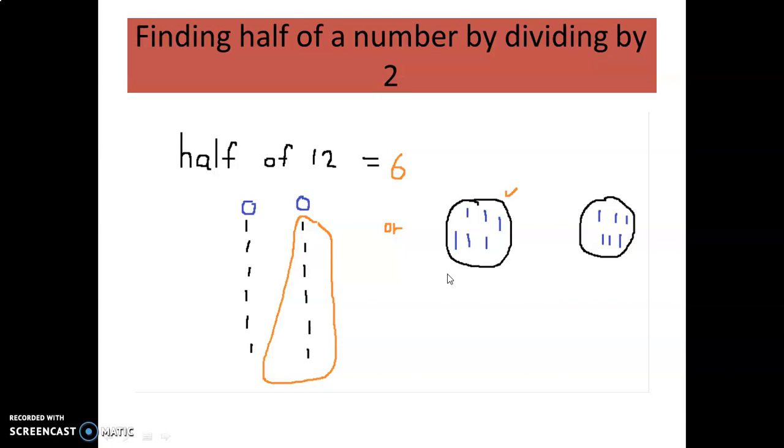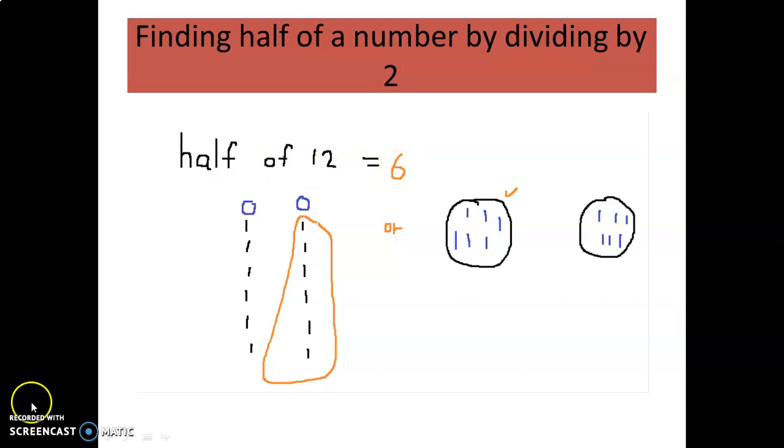Now we are going to share up to 12: 1, 2, 3, 4, 5, 6, 7, 8, 9, 10, 11, 12. And then we count on one side of the circle. That's why I've put a tick there, to show we're going to count only on one side: 1, 2, 3, 4, 5, 6. Which means half of 12 is 6.